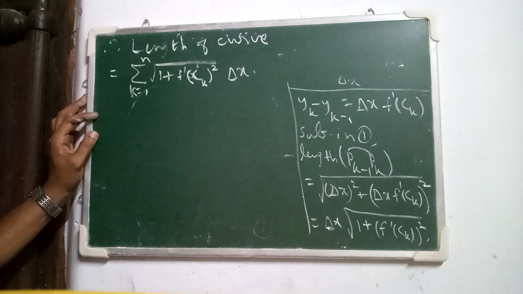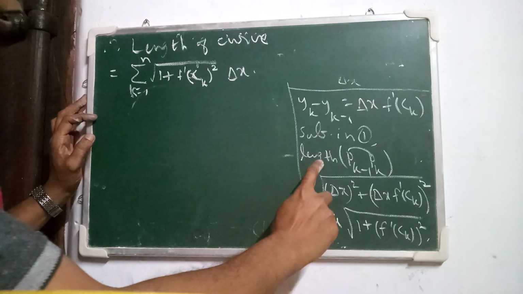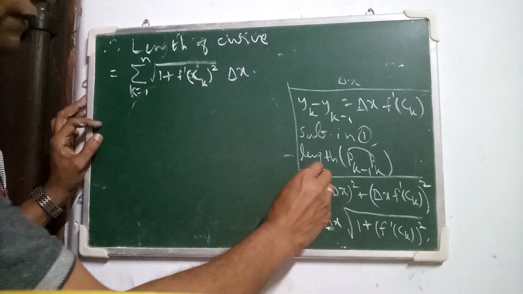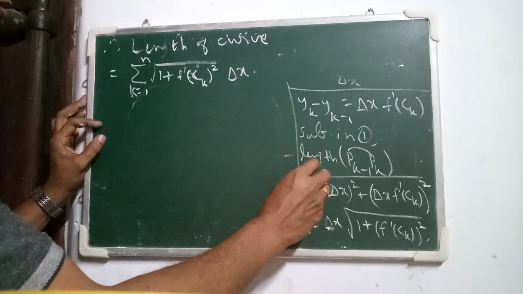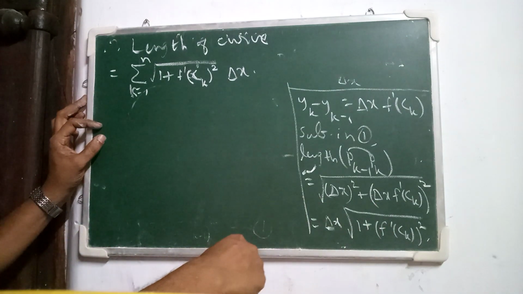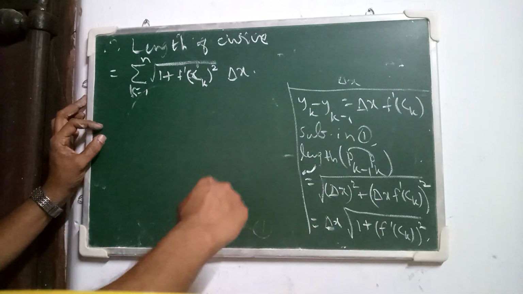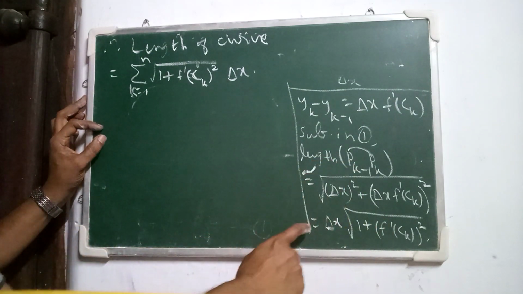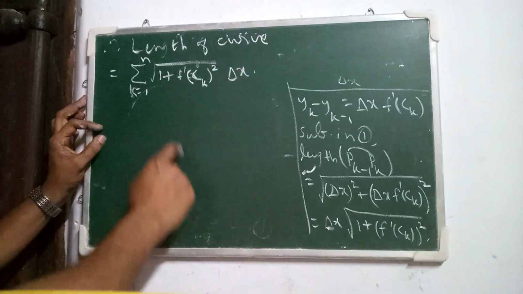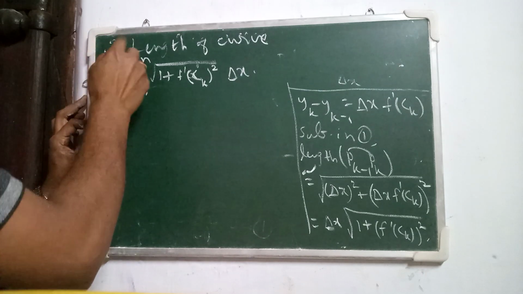But the thing is, length of p k minus 1 p k is not exactly this, it is actually approximately equal to. This was actually the hypotenuse of that triangle. Our arc is different from that hypotenuse. So this length is approximately equal to. Therefore, the whole length of the curve is not exactly equal to, it is actually approximately equal to.